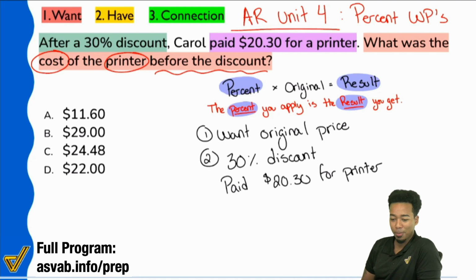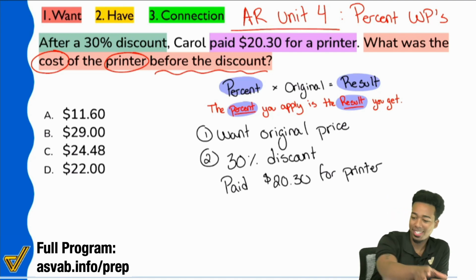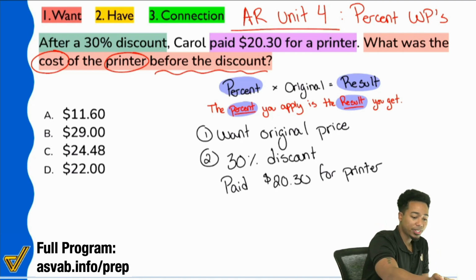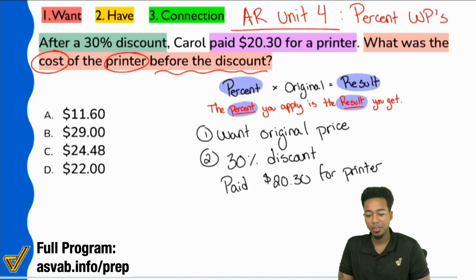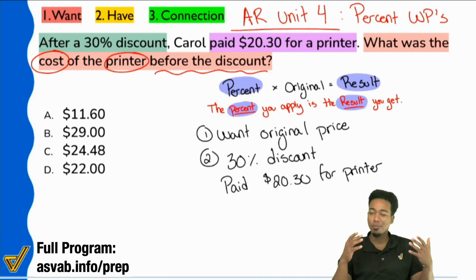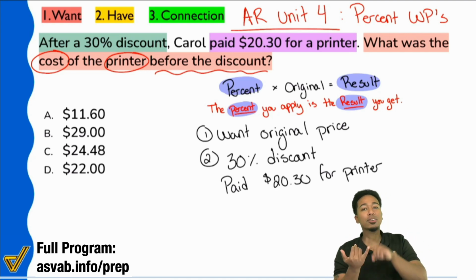A few more folks here need to see you write it down. Good. One more time, and I'm going to sound like a broken record, but I got your back, guys. The percent that you apply is the result that you'll get.